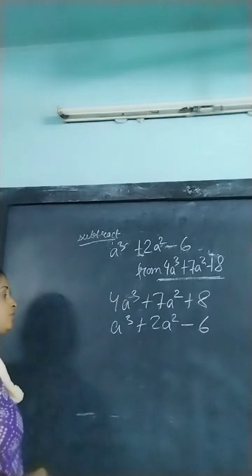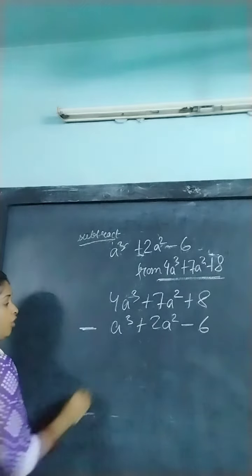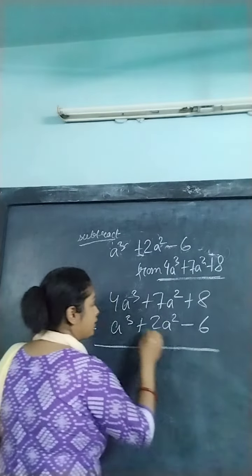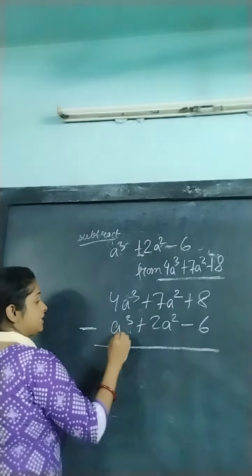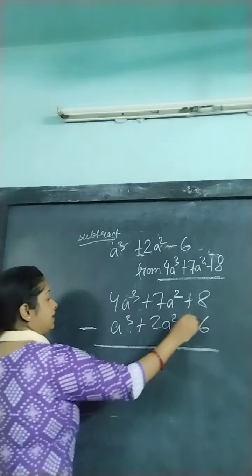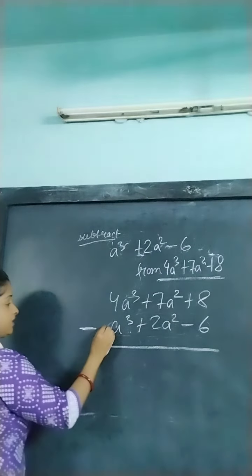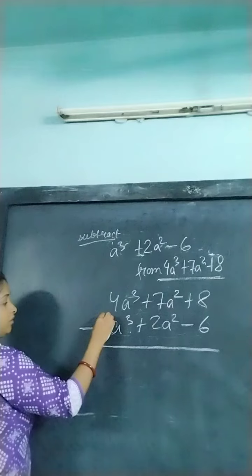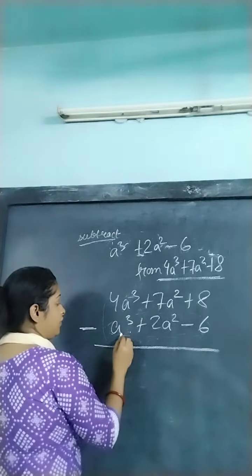What you have to do is, you have to subtract all of these. That means you have to change the sign of all the terms written at the bottom. In the second line, you have to change all the signs of this polynomial which will be subtracted. So here you have to do the minus of this. That means all the signs of this will change.